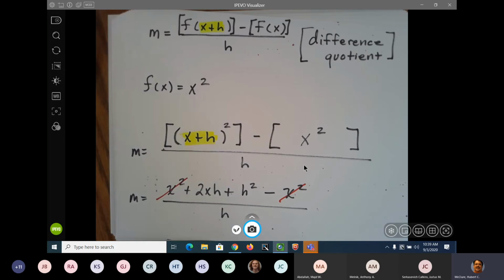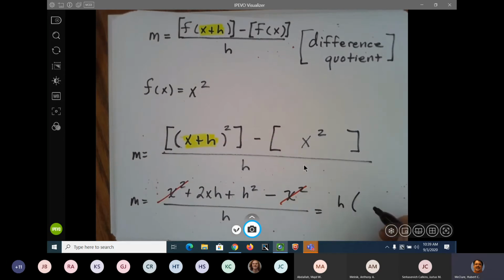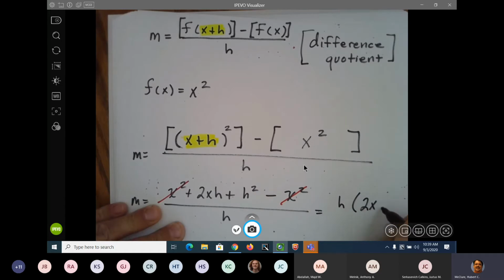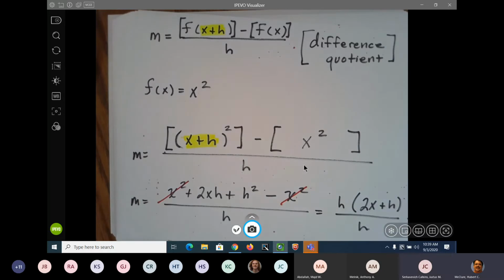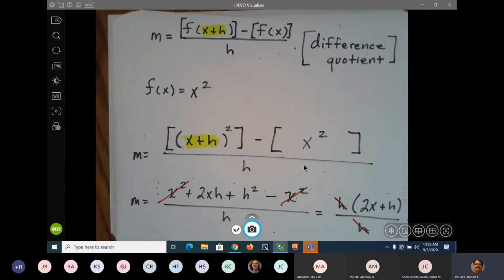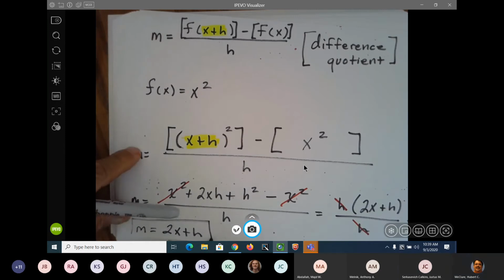And then you can factor out an h on the top, and that will leave 2x plus h over h, and the h's cancel. So the slope of our line is equal to 2x plus h. Cool. Now that's all algebra.